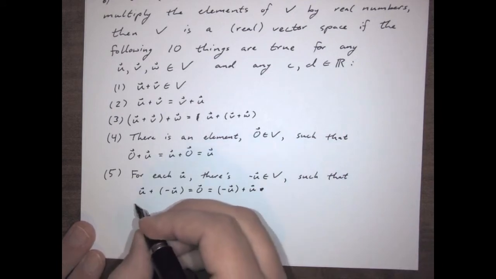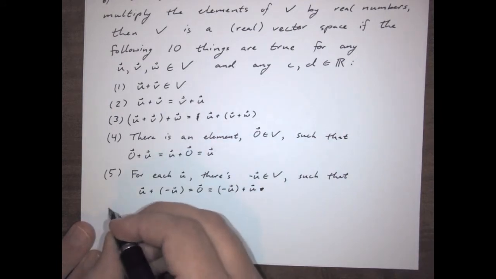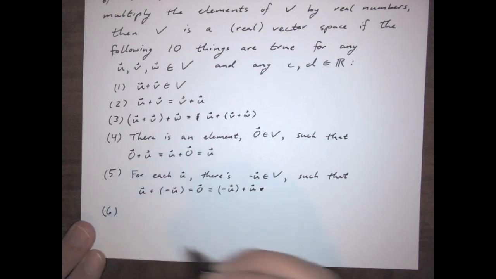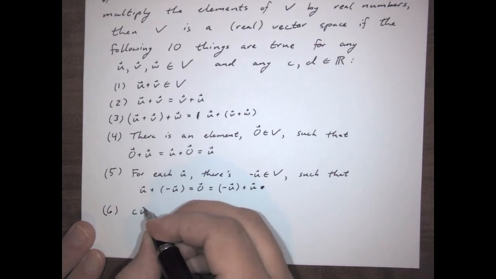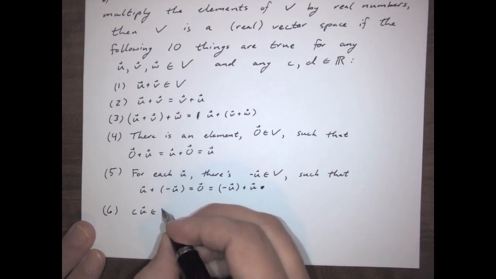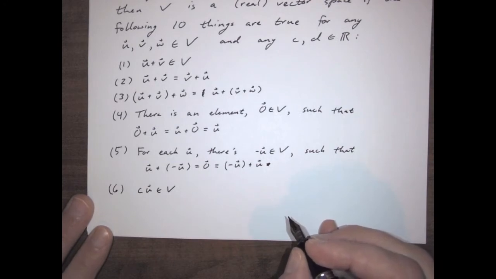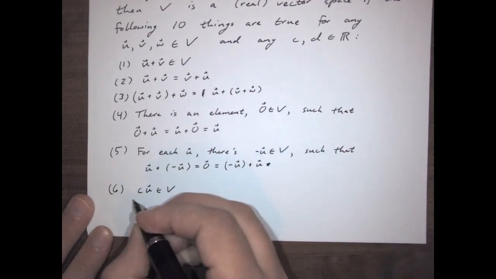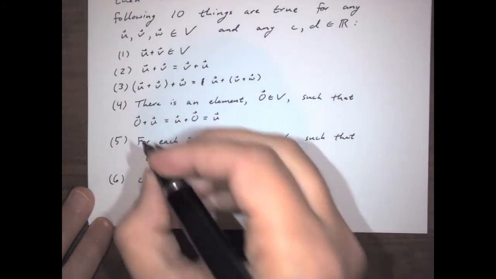Alright, so this basically is the end of the pure addition properties, and now it also has to be the case that if I do a scalar multiple of u, that stays in our set V. So this is very similar to the property of subspaces, as is 1 and as is 4.